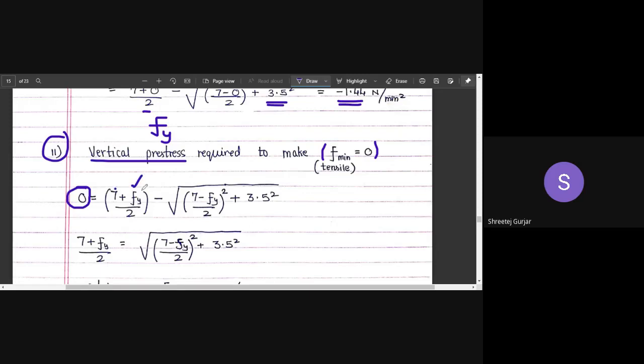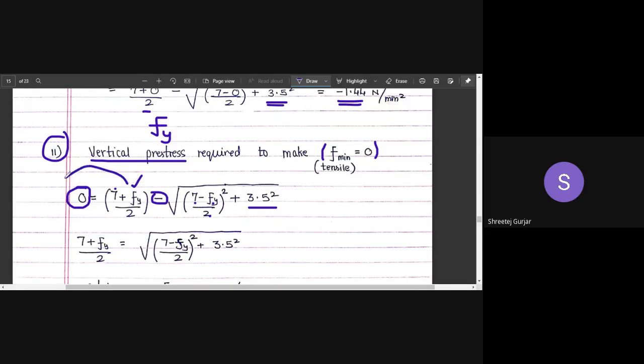So Fx plus Fy by 2 minus square root of Fx minus Fy by 2 the whole square plus 3.5 square. This is what you have to do: you have to equate this to 0 and calculate for Fy. This particular term I have taken on the other side of the equal to sign.